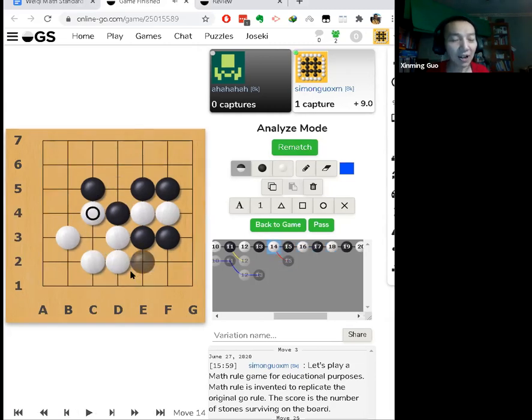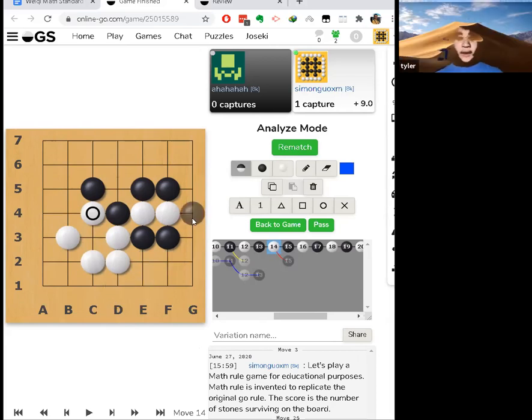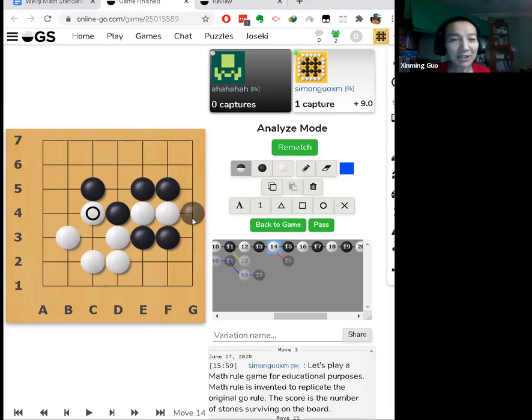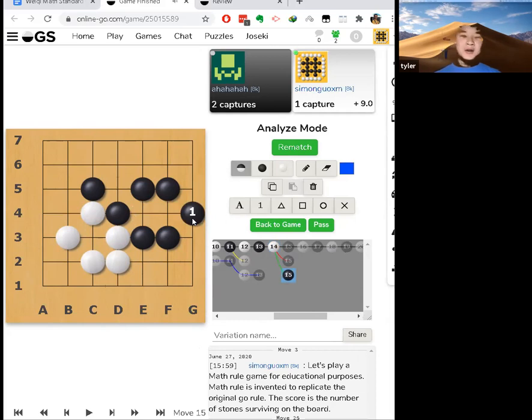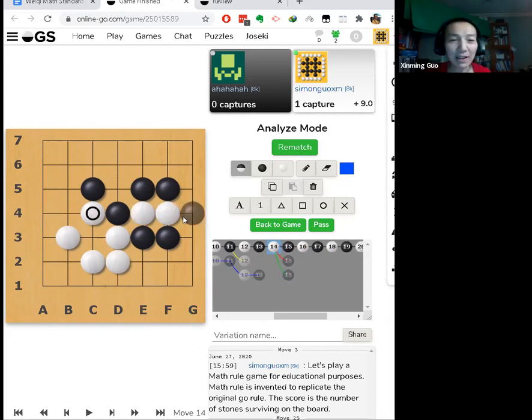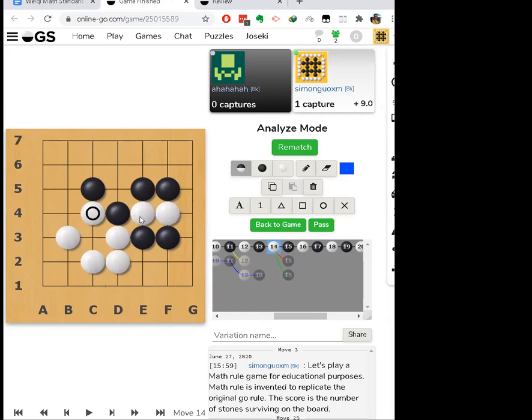Any other option? Oh, Eli says G4. Yeah, you could do that, but is this G4 good? Yeah, that's reasonable, but you could leave that alone for a little while. Yes, you could capture it. These two white stones cannot escape.